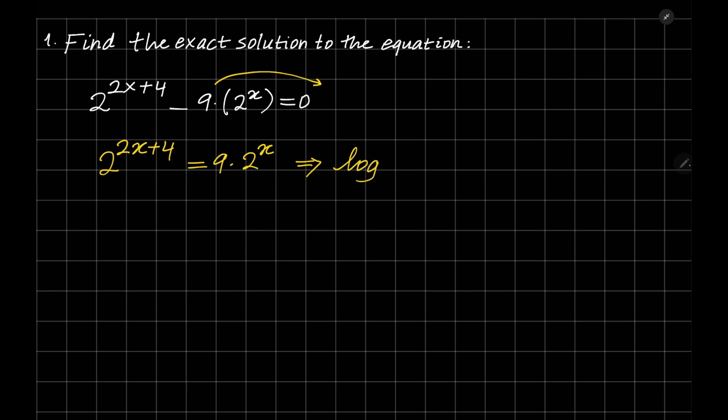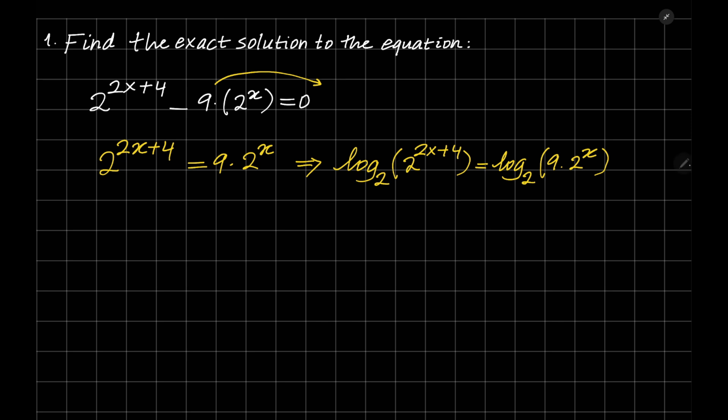Log base 2 of 2 to the power of 2x plus 4 is equal to log base 2 of 9 times 2 to the power of x. Let's continue here.